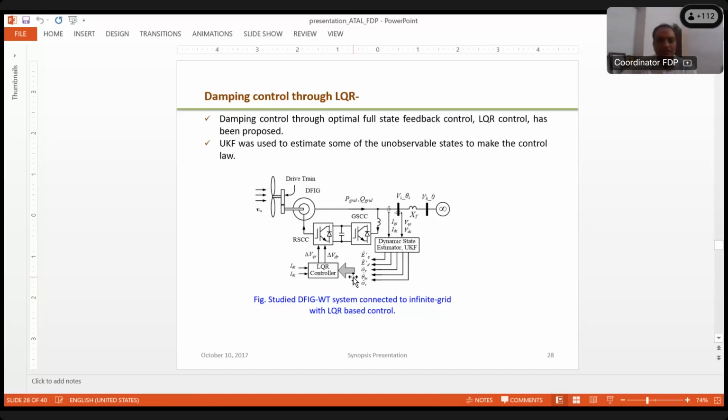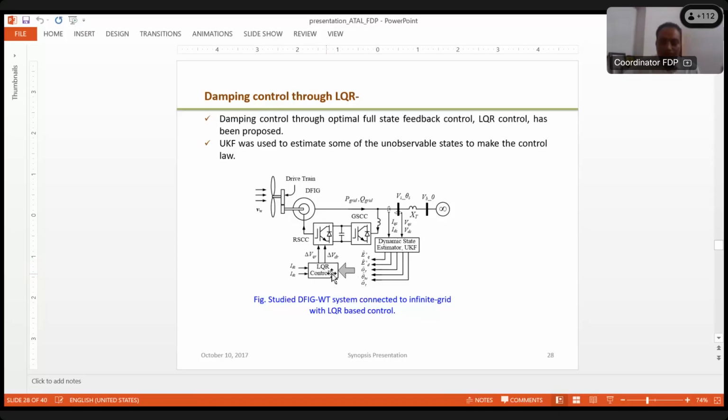So in our case, all the states squared give the total energy, and that has to be optimized. In between, there is one equation that comes out during the minimization of that energy, known as the Riccati equation, the algebraic Riccati equation, ARE. That algebraic Riccati equation gives the control output. So the important thing here is this LQR controller only.